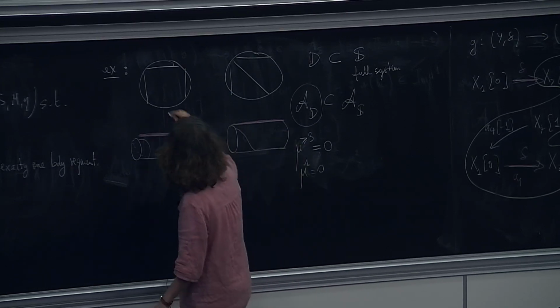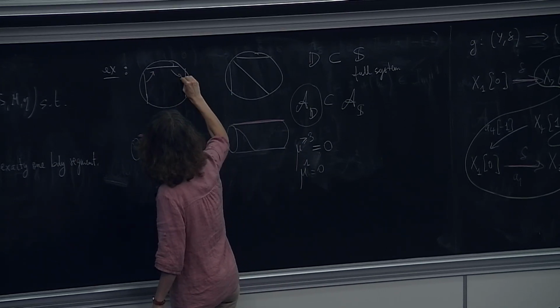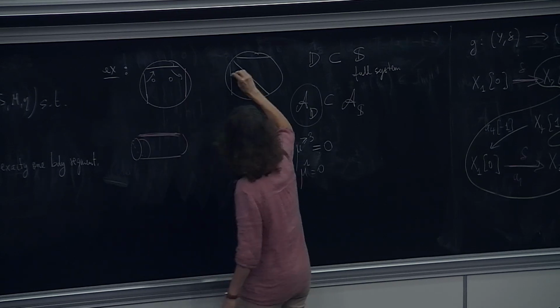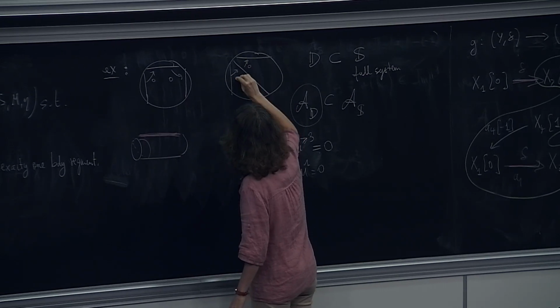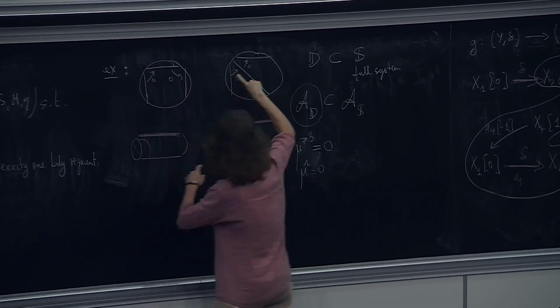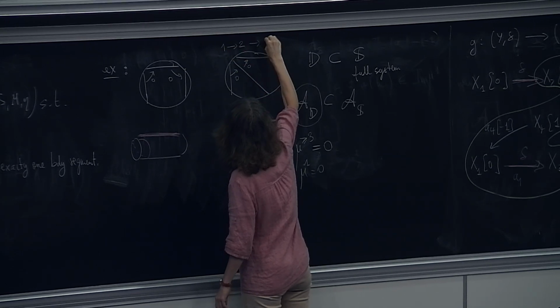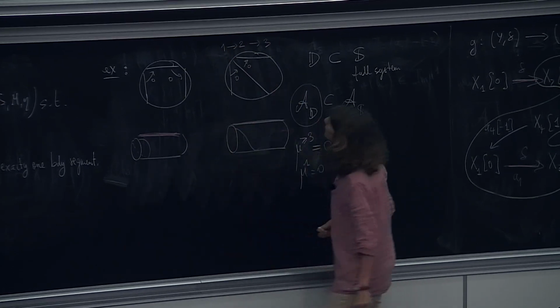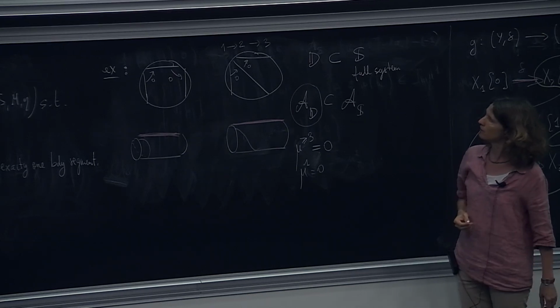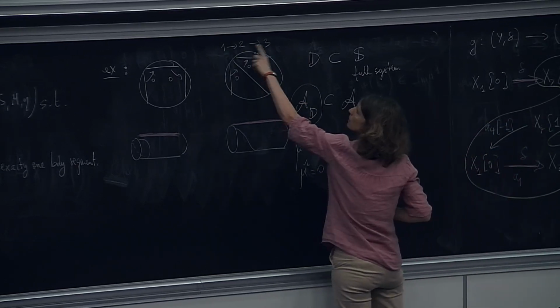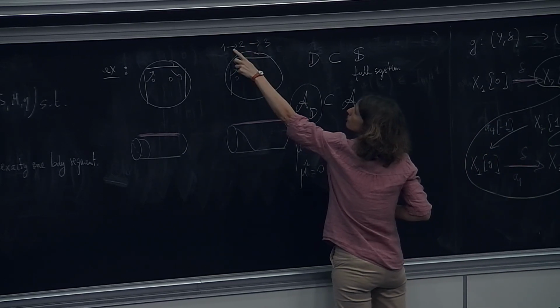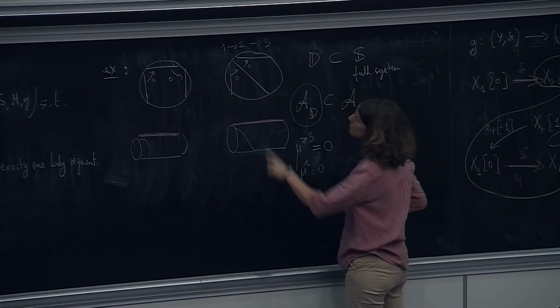So here, for instance, I could take this one, and this category would correspond to the category of the quiver with 3 vertices and 2 arrows going like this, where the composition of these 2 arrows wouldn't be 0.